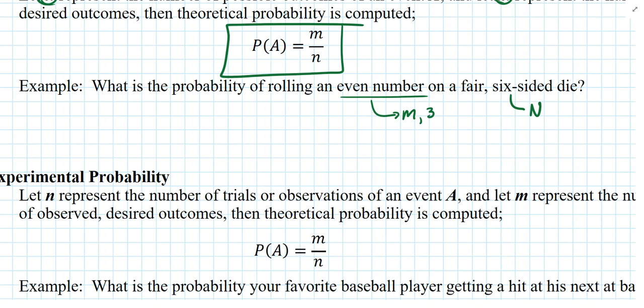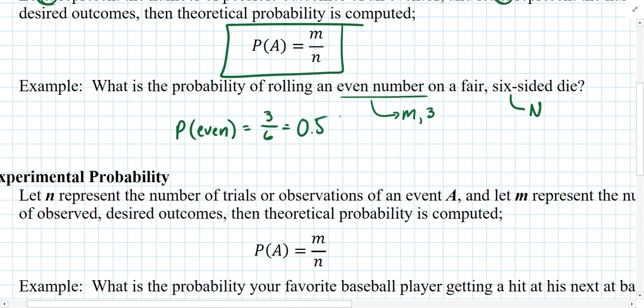So the probability of an even number roll is 3 out of 6, or when divided, 0.5. The probability 0.5 is also known as 50%.